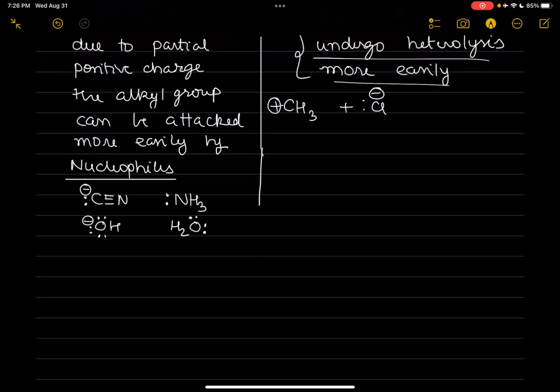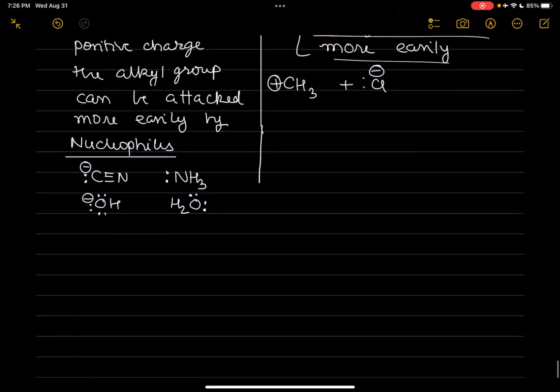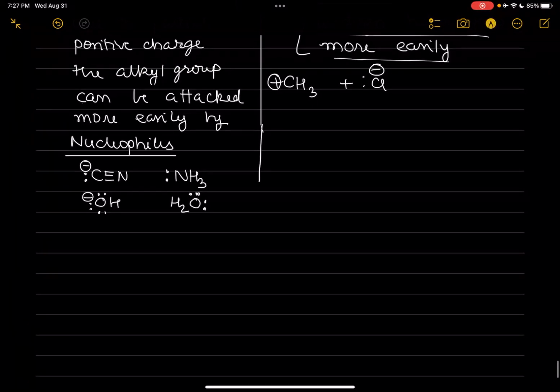Is it clear? Oxygen, as we have just seen, Arpit, has delta negative partial charge, so it can give away its lone pair, which is just sitting idle. This oxygen can share its lone pair, so it is behaving like a nucleophile.